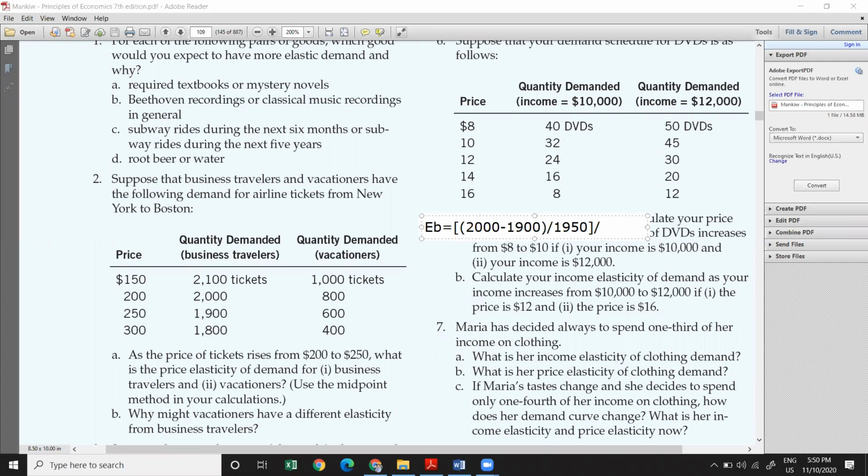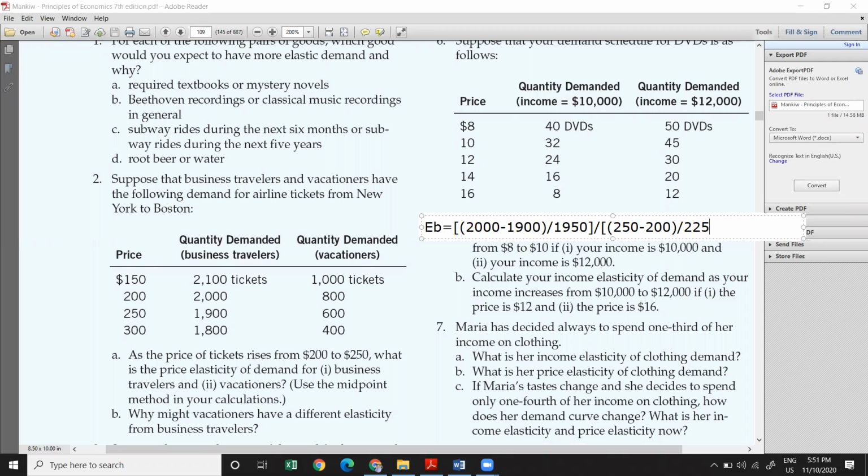And this all should be divided by the price change. The price increased to 250, so 250 minus 200, divided by the midpoint, so 250 plus 200 divided by 2, which gives you 225.